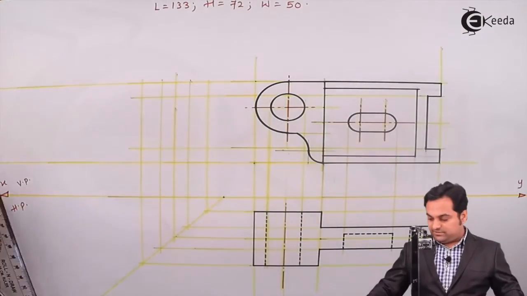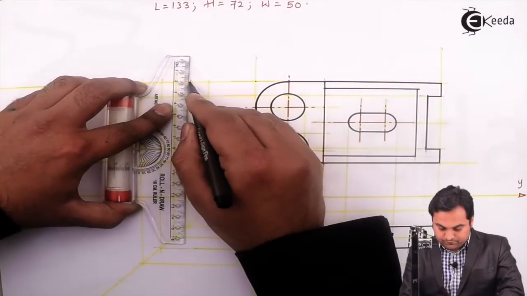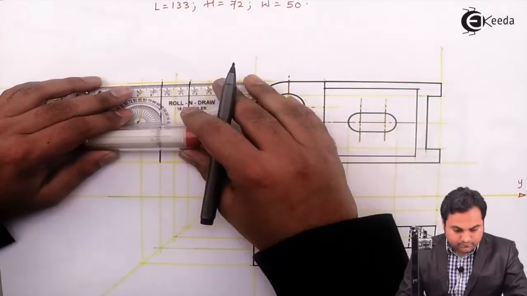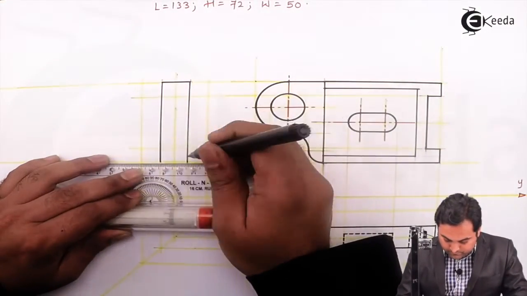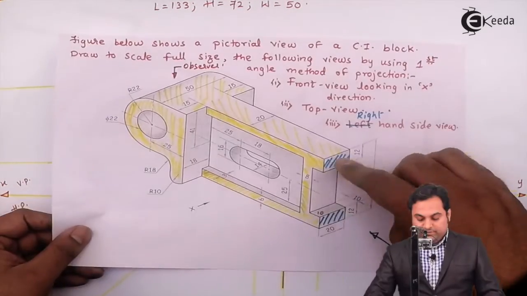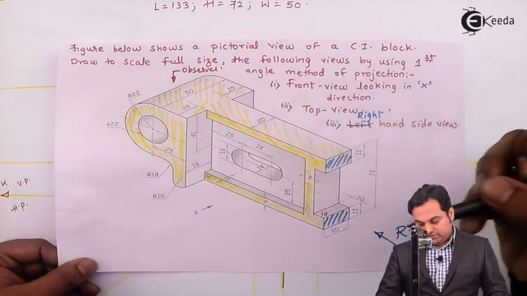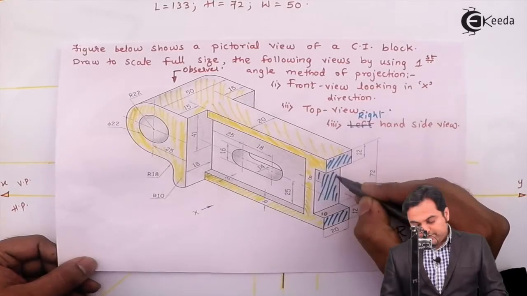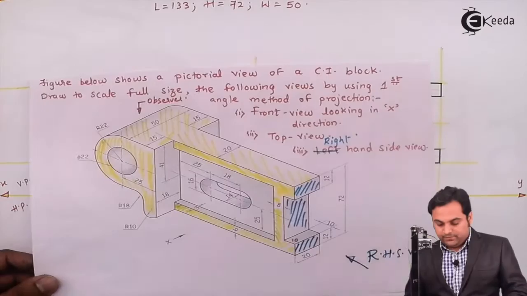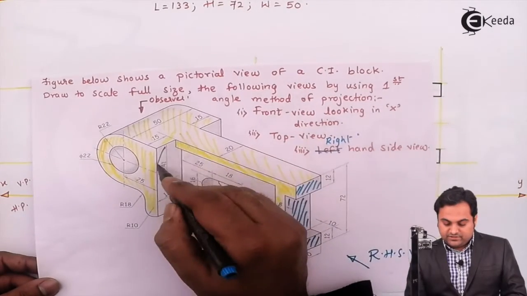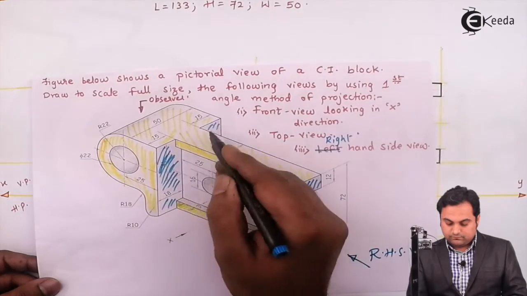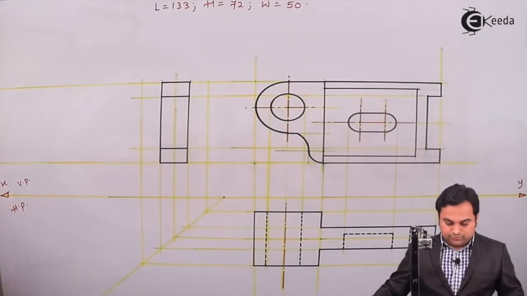So the two rectangles are seen. Between these two rectangles, there is another rectangular surface which is behind. So there will be change of plane in between them, and that is indicated with the help of this dark line. Then here these two surfaces are also seen. So from here, I'll draw those two surfaces.